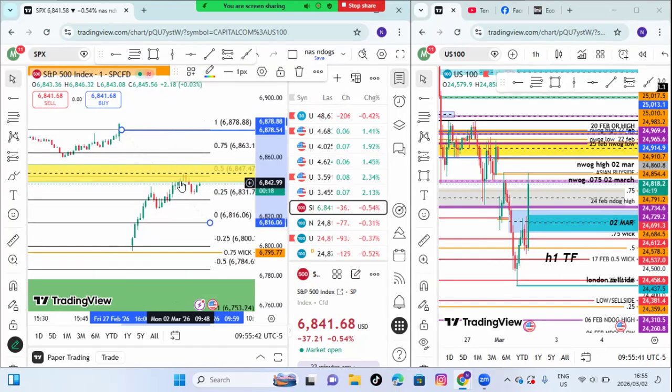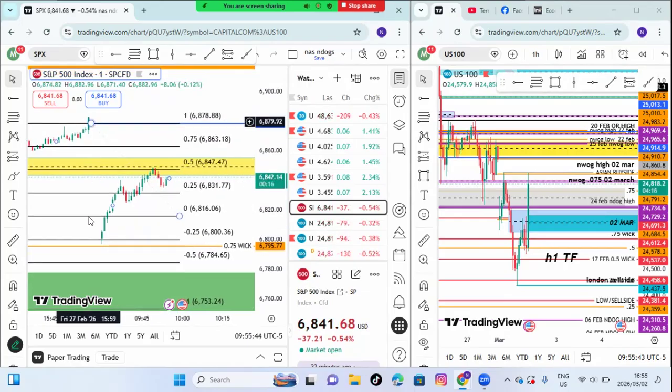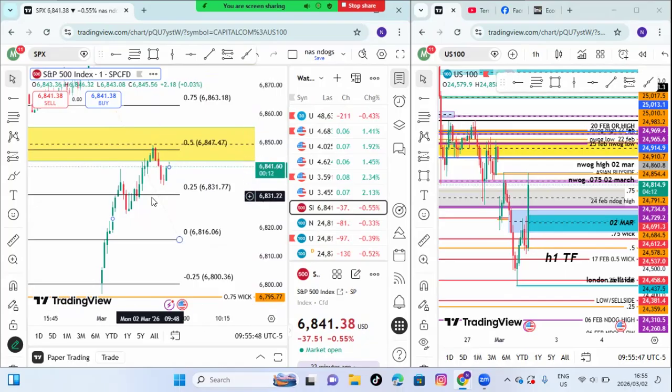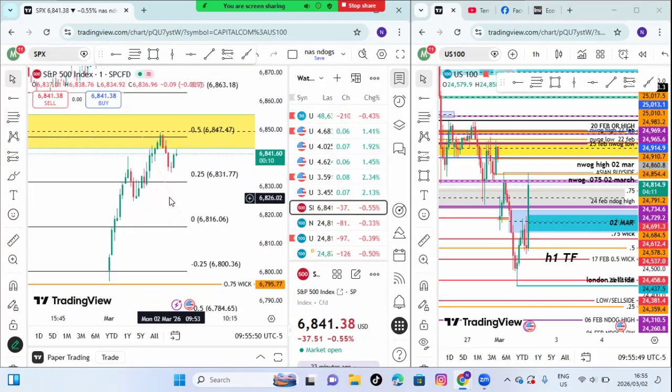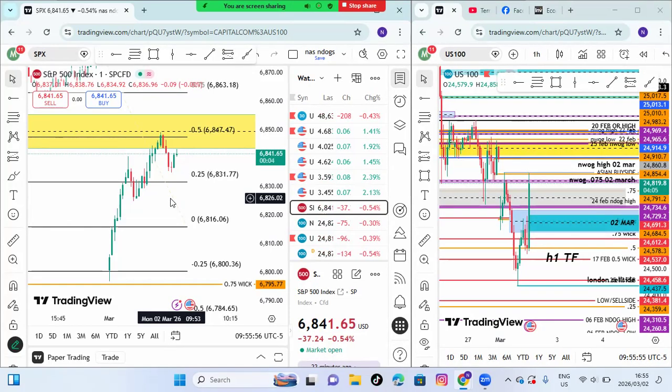So half of the gap is reached here. This is a daily thing here. Yeah, a gap. So we want to see now if we can see some divergence, right?